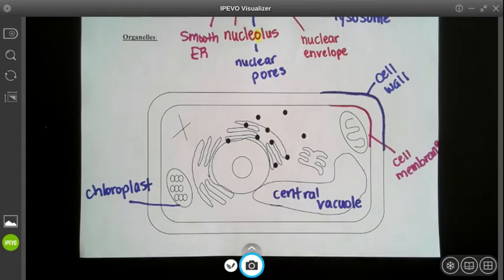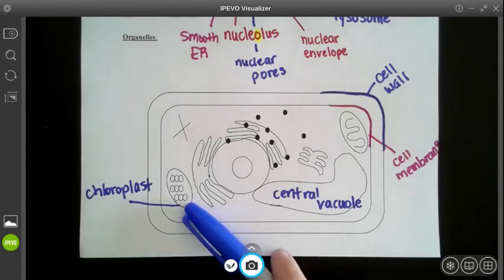The three structures that are labeled in blue are the only structures found in a plant cell, and they're not found in an animal cell. That includes the central vacuole. The central vacuole is used to store water, waste, and toxins if you have a poisonous plant, so they're stored within that structure.